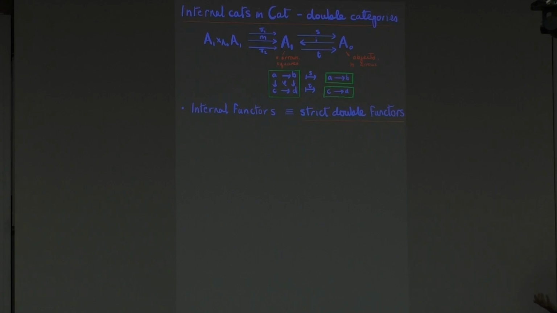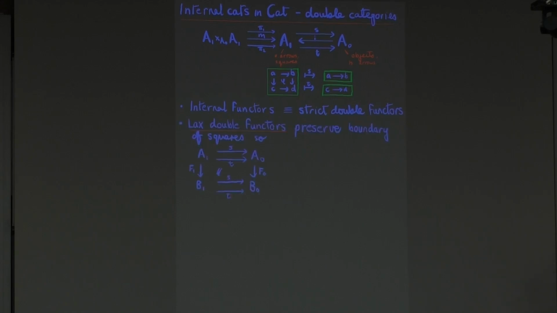So you've got lax double functors. But the funny thing about these is that they still preserve the boundary of squares, to preserve the appropriate shapes of things. That means they actually commute with the source and target projections, so you've got some strict commutativity here.